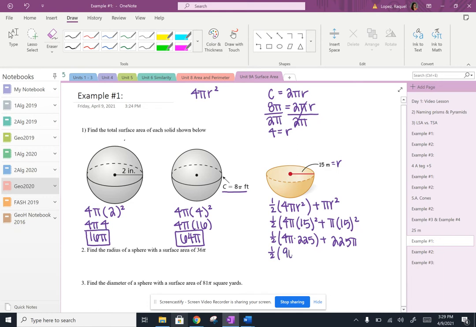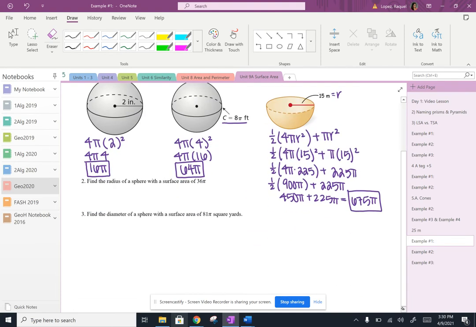So I have 900 pi inside parentheses plus 225 pi. We're going to take half of that 900, so 450. So I have 450 pi plus 225 pi for a grand total of 675 pi. So the total surface area of this semi-sphere or half sphere is 675 pi.